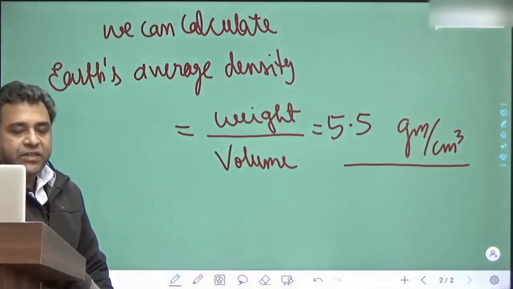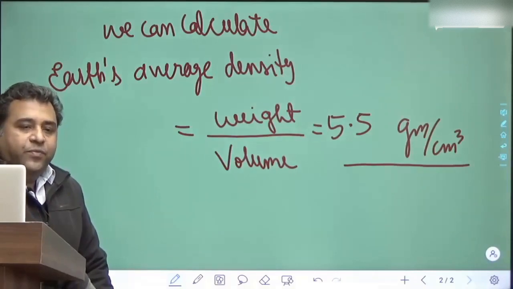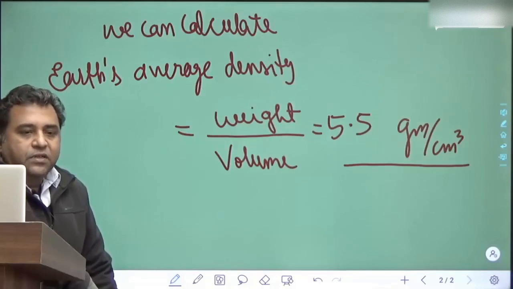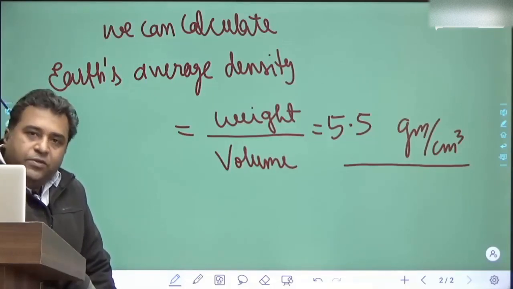Earth's average density is calculated at 5.5 grams per centimeter cube. So we have calculated that the average density of the Earth is 5.5 grams. Is this okay? Please do write.